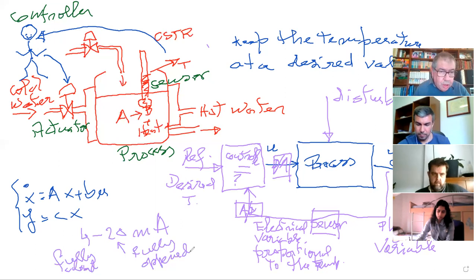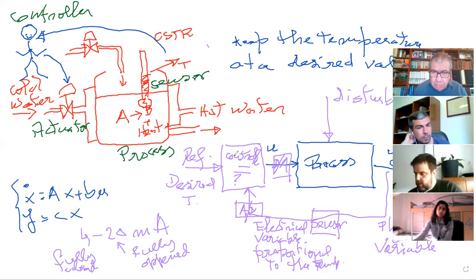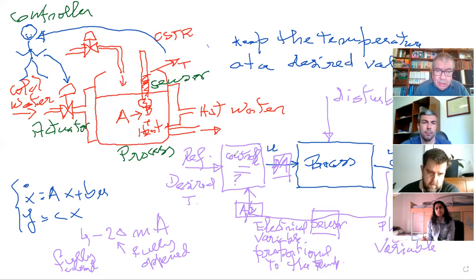You have to codify what you mean by 4 milliamperes, but you can do it in software. So this is the overall picture of a control system. And a controller is nothing more than software. So you can write your rules, write everything. Once it was electronics. You can also do it with electronics.